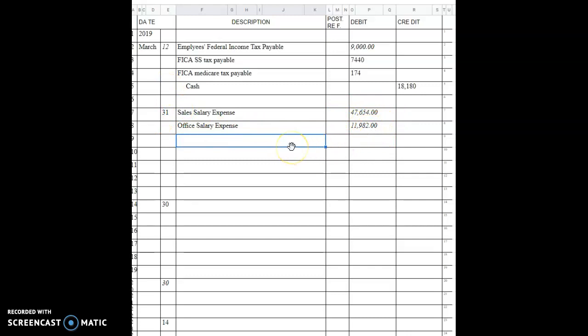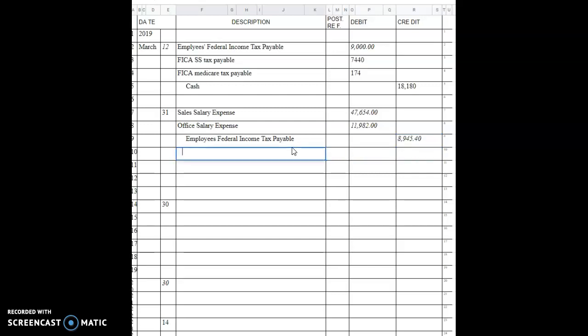Then I'm going to go ahead and hit my space button, and we're going to make our credits next. We're going to credit our employees' federal income tax payable. Looking at our book, you can see the employees' federal income tax deductions was $8,945.40, right in the middle of the page there.